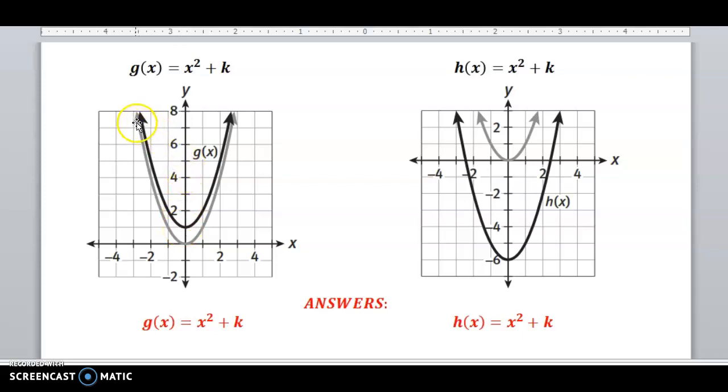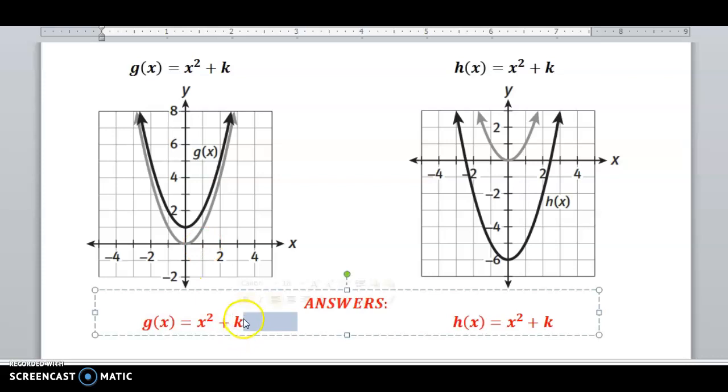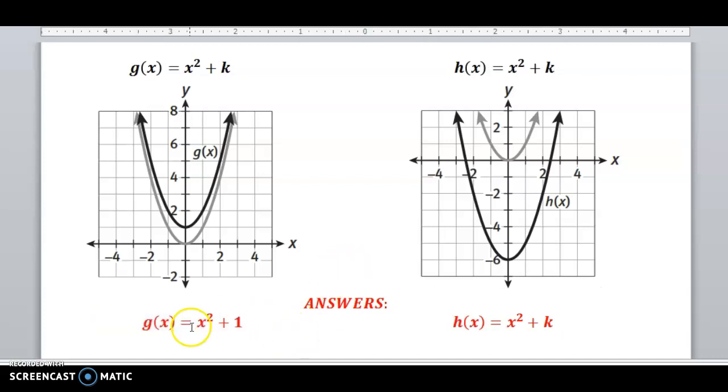Since we know that this parabola is a vertical translation of the gray one, by how many units up? That's 1 unit up. So the vertex will now be transferred from 0, 0 to 0, 1. So let's replace k here by 1. And that will be the new function for this parabola.